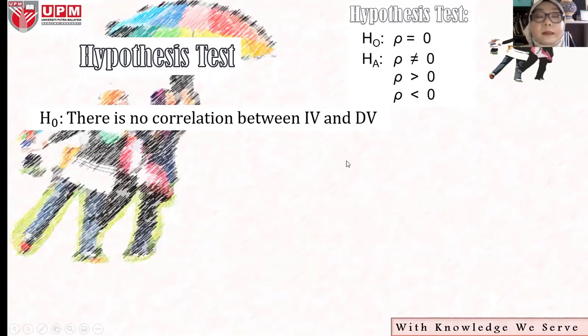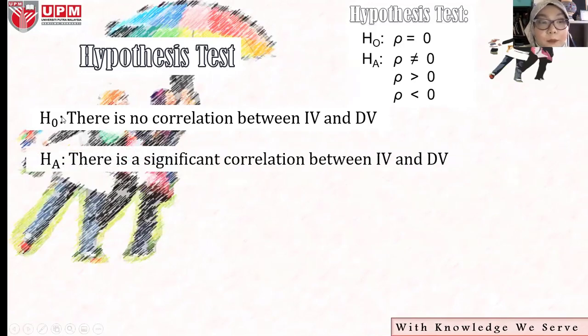But in reality, we can simplify things by directly mentioning the names of the variables. For example, for your null hypothesis, there is no correlation between IV and DV. For your research hypothesis, there is a significant correlation between IV and DV.